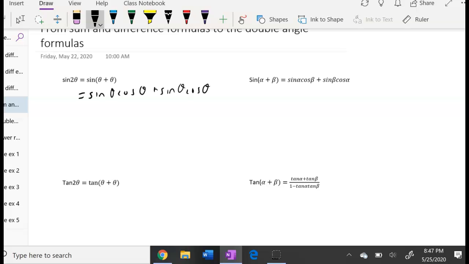In other words, it would be 2 sine theta cosine theta, and that's the first formula. So the sine of 2 theta is 2 sine theta cosine theta.